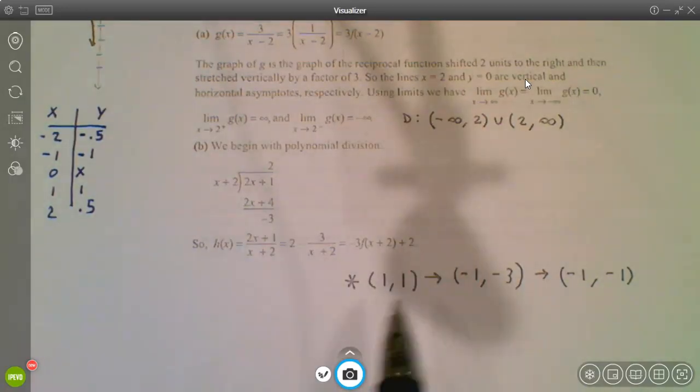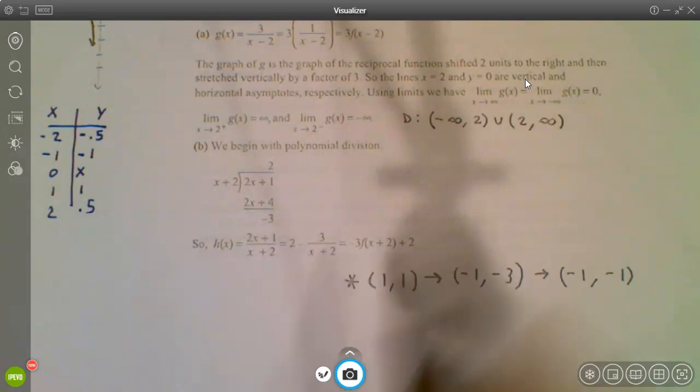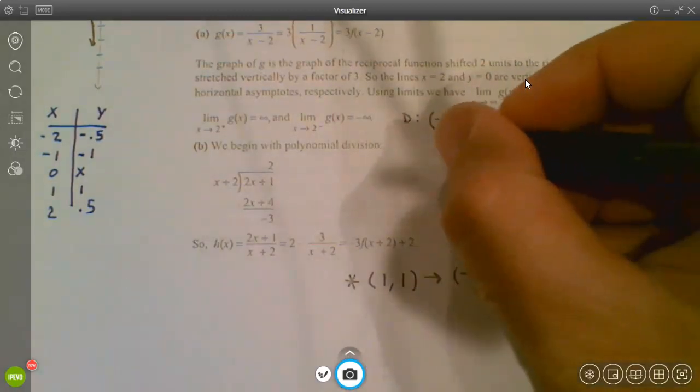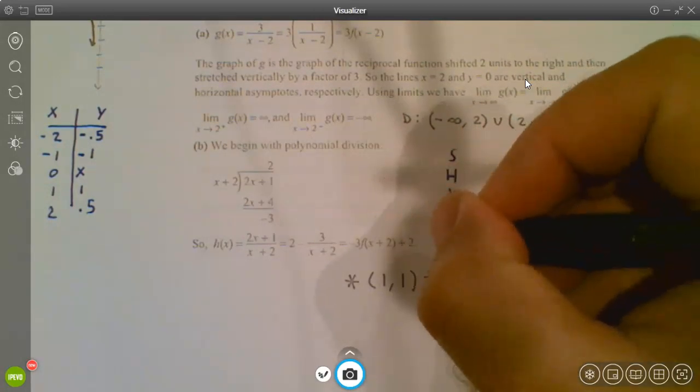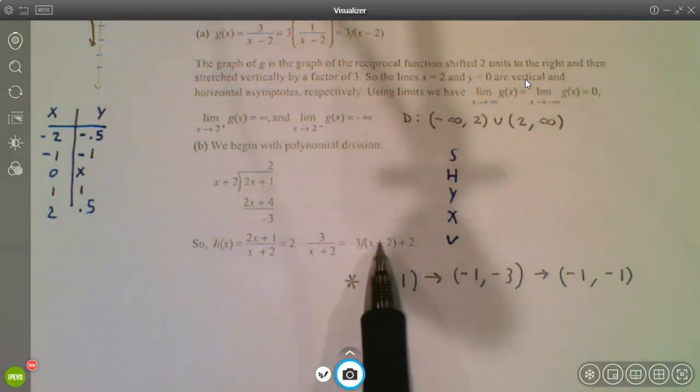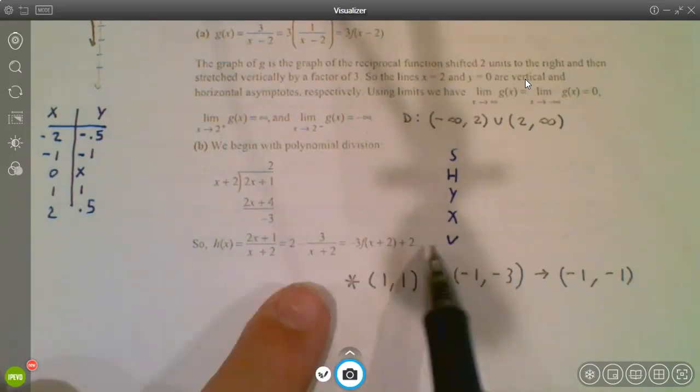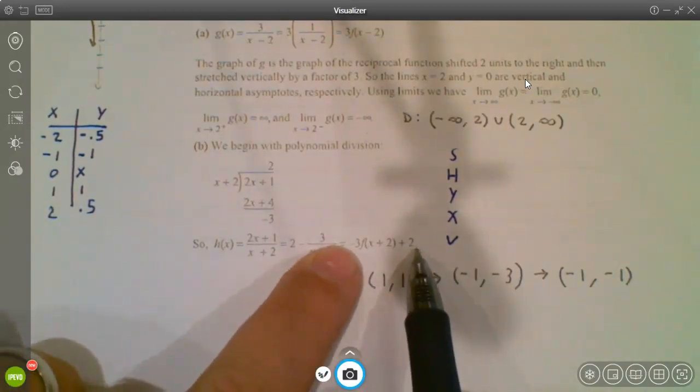Remember I am using the whole SHY 15 process here because we have 3 things. This one affects the x's, and that's the only one that affects this graph horizontally, so it really doesn't matter when you do it in this case. However, these 2 both affect the graph vertically, and so their order does matter.